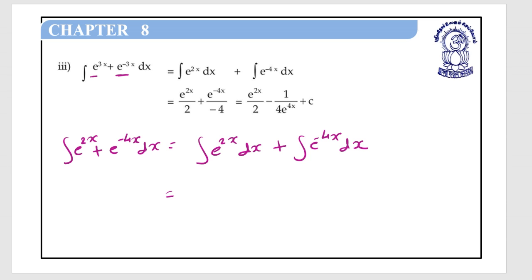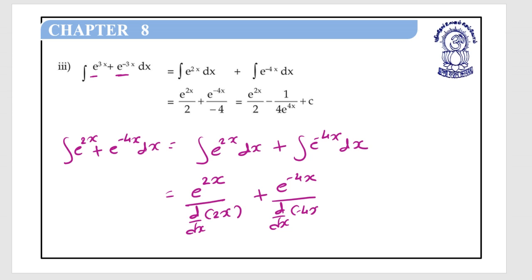So e raised to 2x with d by dx of 2x in the denominator, plus e raised to minus 4x upon d by dx of minus 4x, is equal to e raised to 2x by 2 minus e raised to minus 4x by 4 plus c.